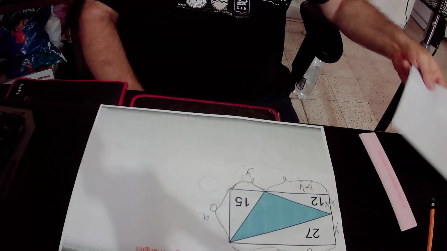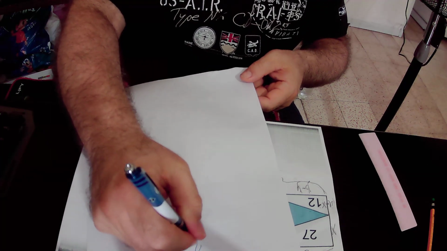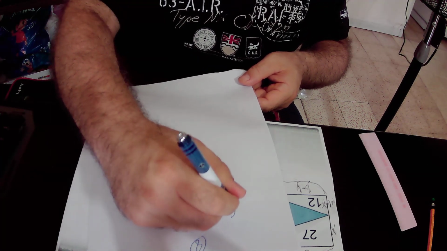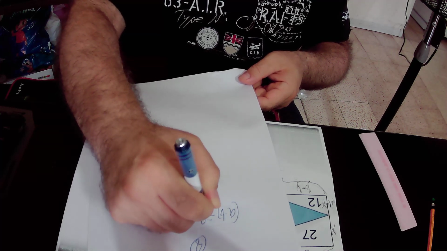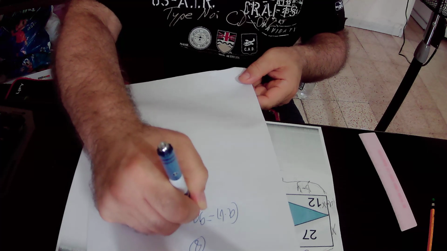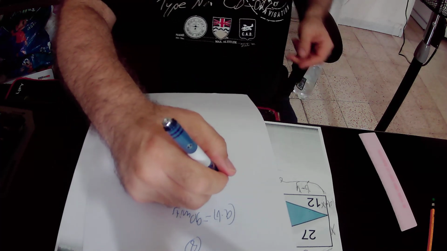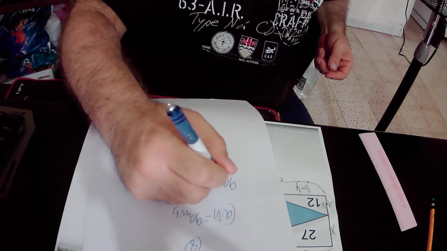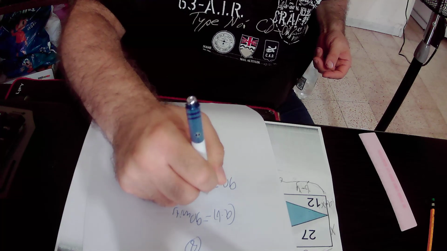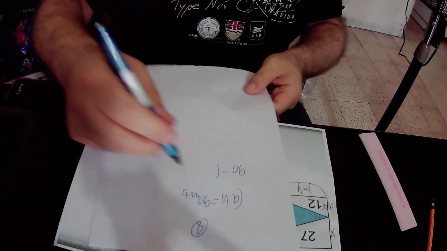So the only answer that is left is that the area of the rectangle is 90 units, and as I already told you, we will subtract from the area of the rectangle the sum of the areas of those three right triangles.